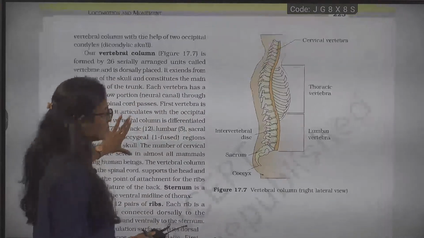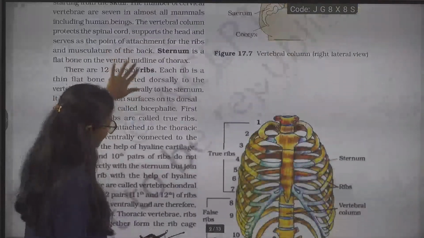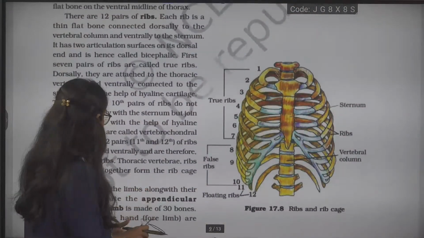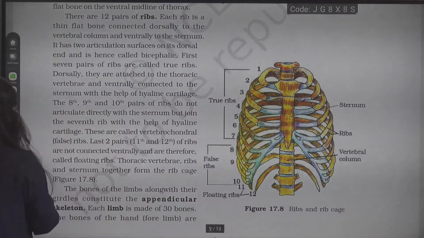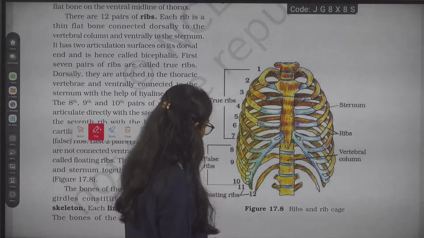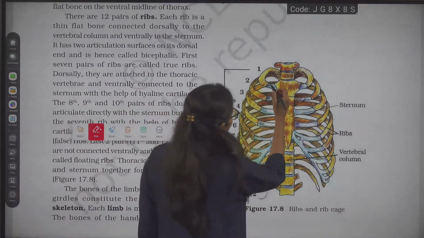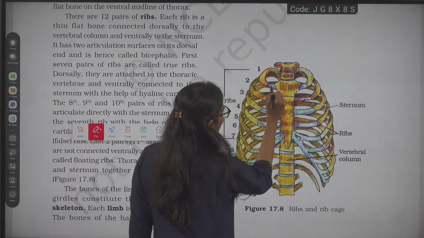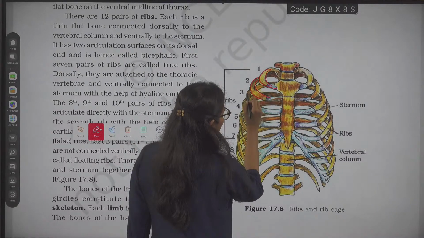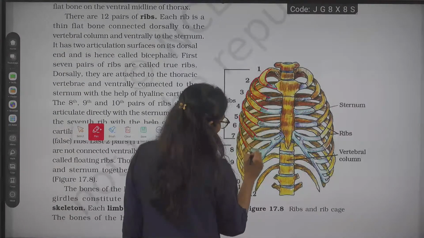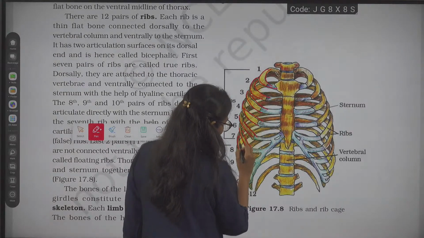Yes, I will zoom it, sure. Yes, so this is the rib cage. So let me show you the ribs also. Here in this rib cage, can you see? I'll just highlight with red color. This is the first pair of rib, then second, third, fourth, fifth, sixth, and seventh.